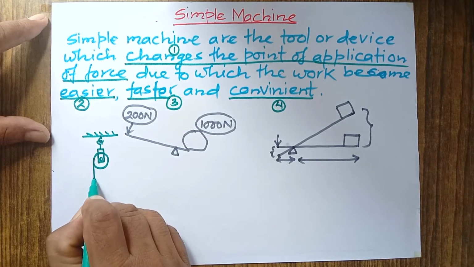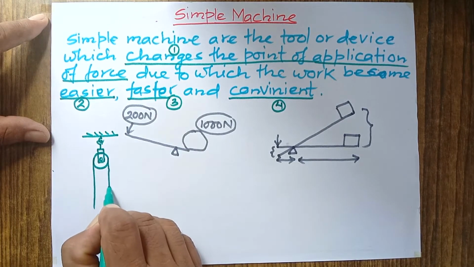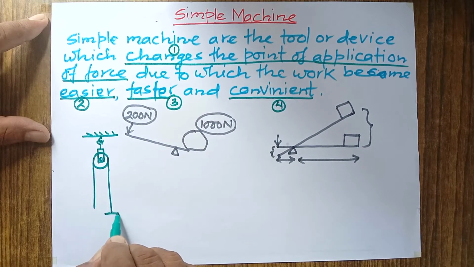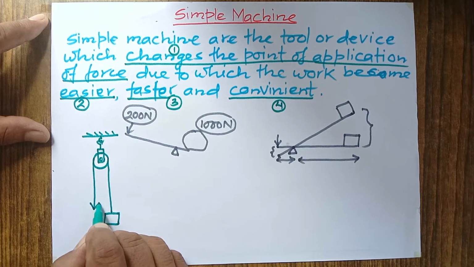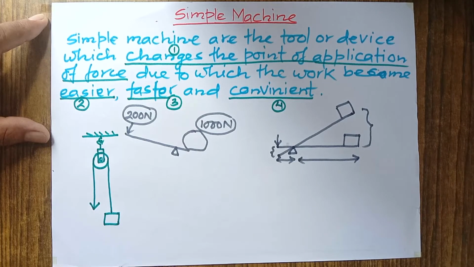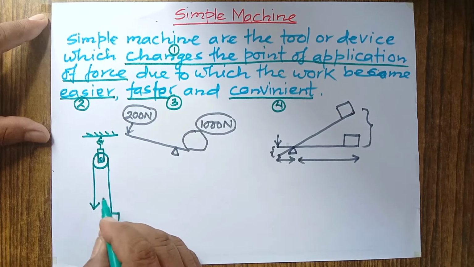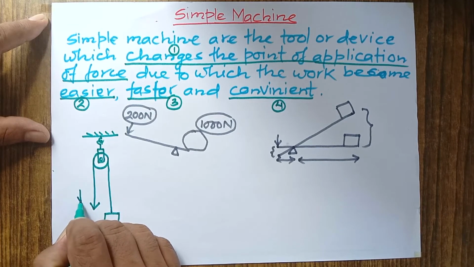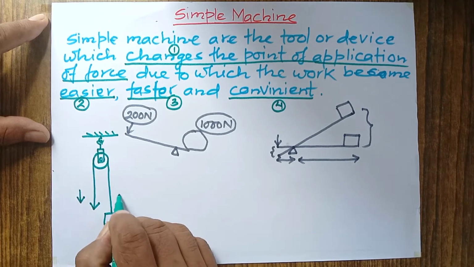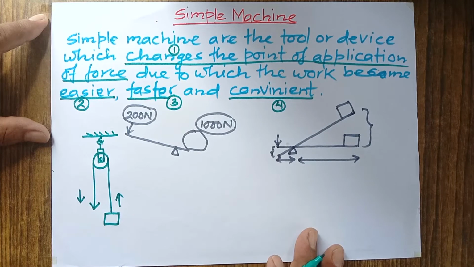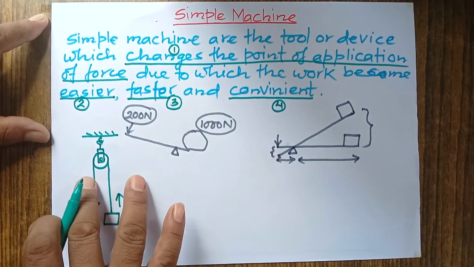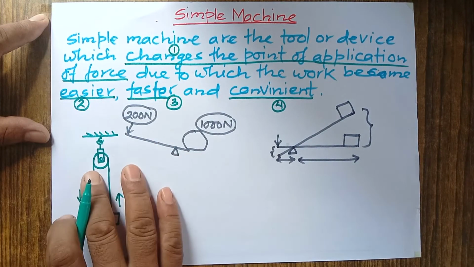And a rope is wound around it. At one of the ends, load is connected, and at another end, we are applying the force. Look at this. In this case, we are applying force in the vertically downward direction, but load is raised in the vertically upward direction. And this machine is changing the direction of force.